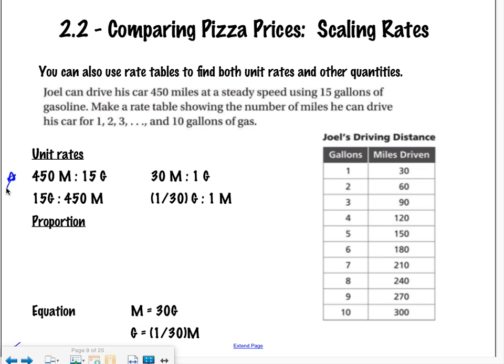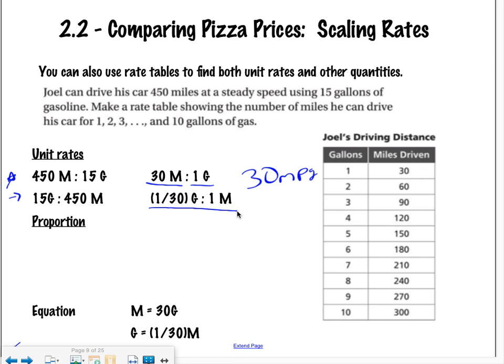Well, if you divide both sides by 15 to get 1 gallon over here, and then 30 miles, it would be 30 miles per gallon. All right, so 30 mpg. On the other hand, if we set it up like this, where we put 15 gallons to every 450 miles, divide both sides by 450, and we get 1 over 30, so 1/30th gallon for every 1 mile.